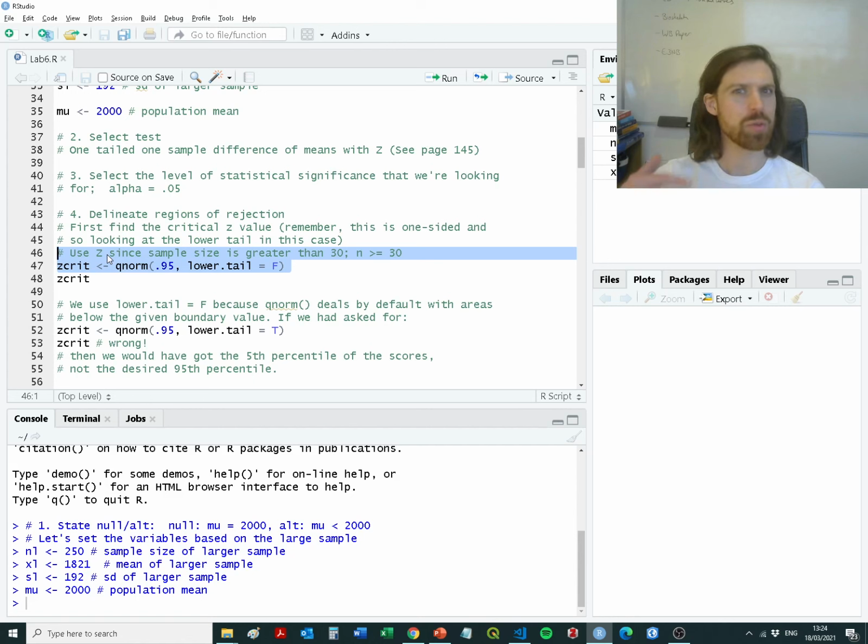So normally I think you'd probably always be using Z, but it's good to know what would happen if you were in a situation where you really only had a small number of participants in your study, a small number of samples.